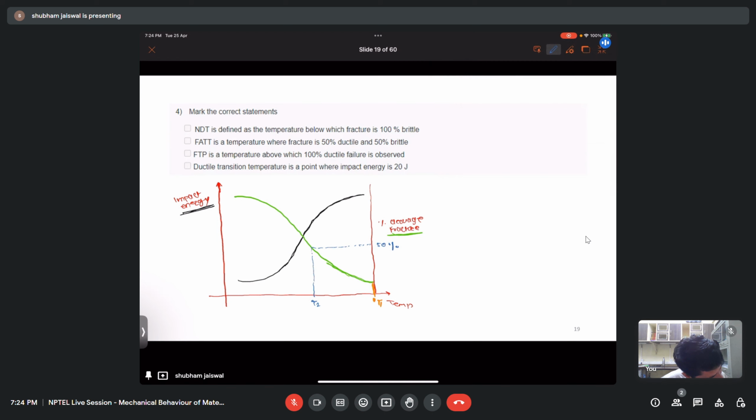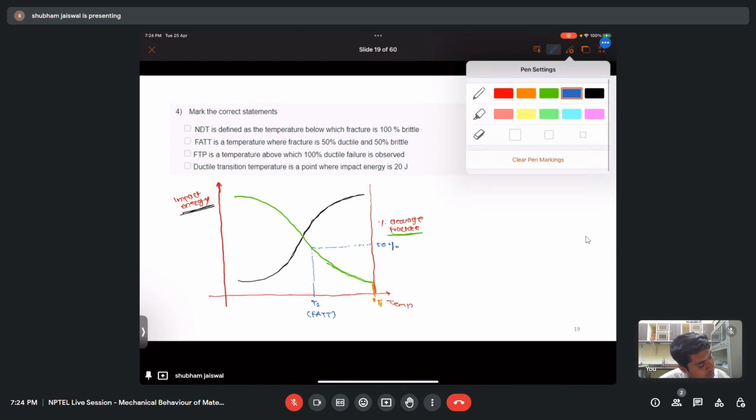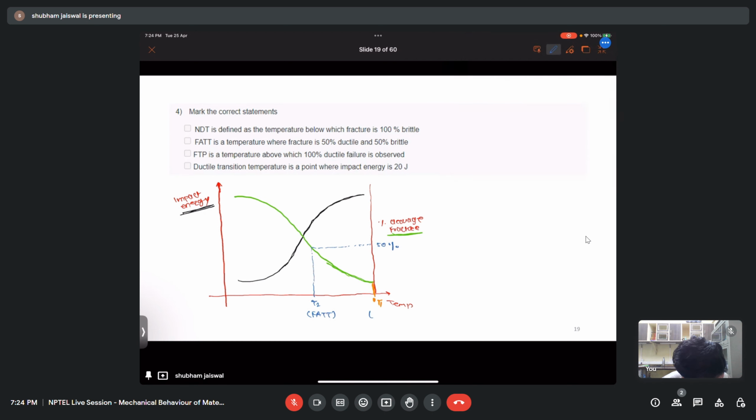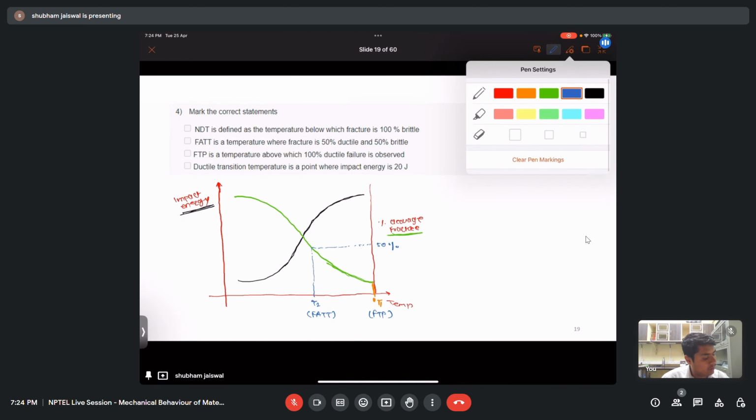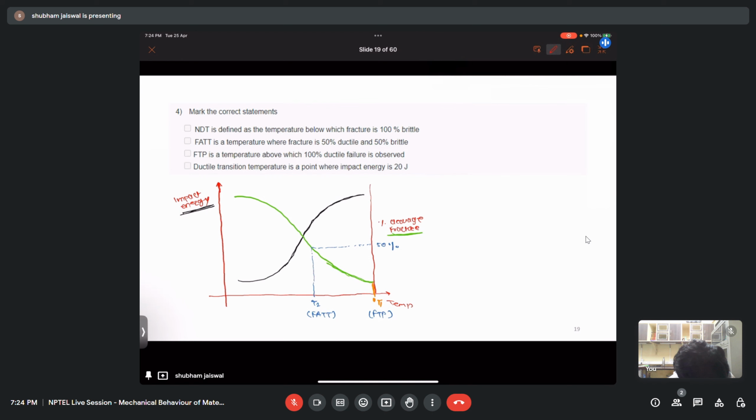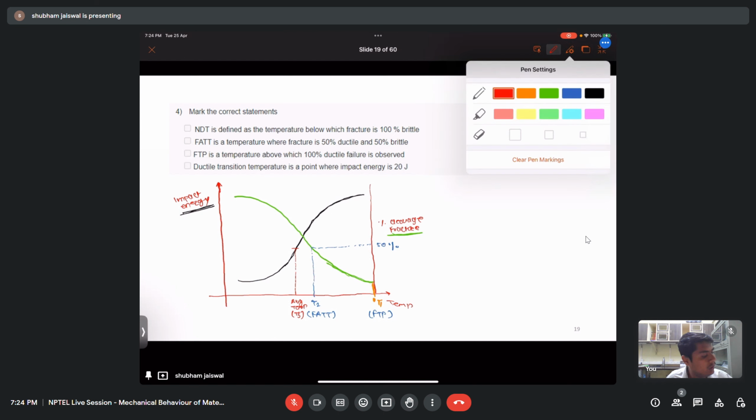This point is also known as FATT. Then this point is known as FTP. And then we have the next temperature here, that is the average temperature of upper and lower shelf, and it is T3.